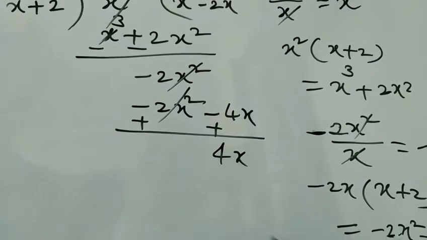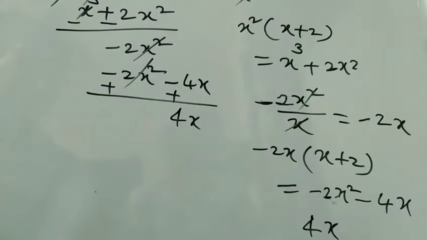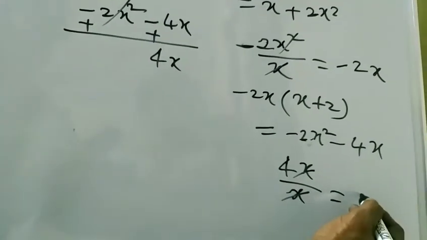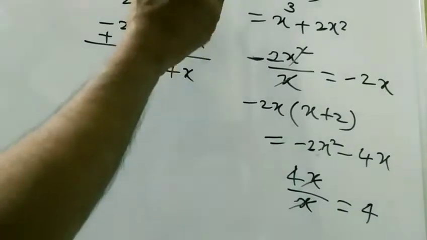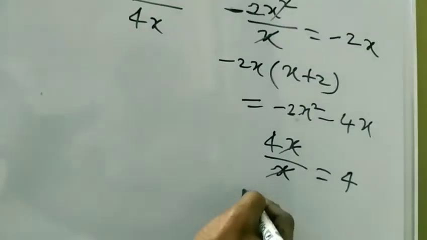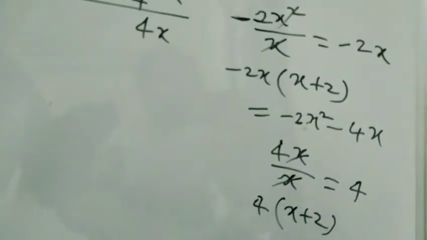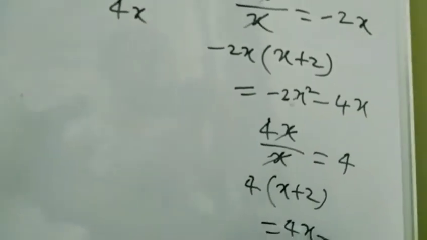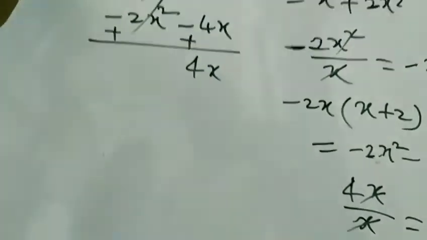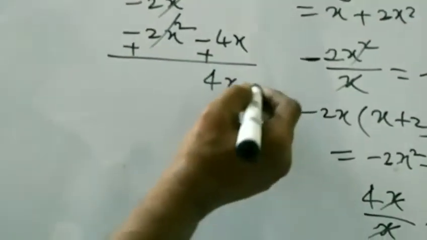Now 4x divided by x, x cancelled. The remaining is 4. So plus 4. Now 4 times x plus 2 is equal to 4x plus 8, 4 into x is 4x, 4 twos are 8.